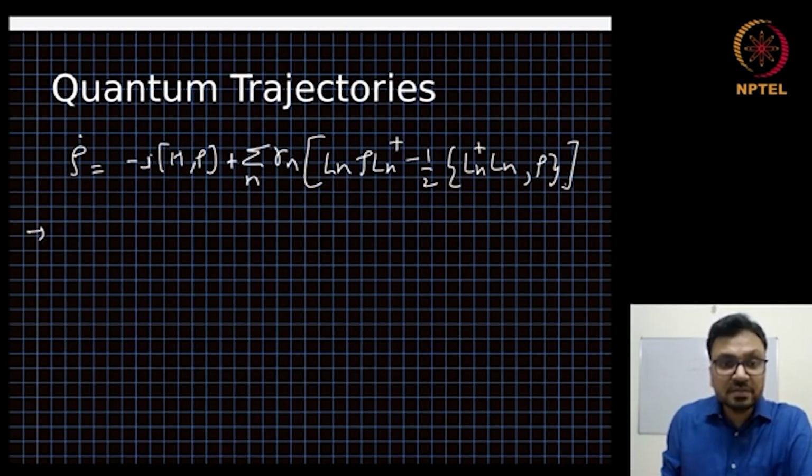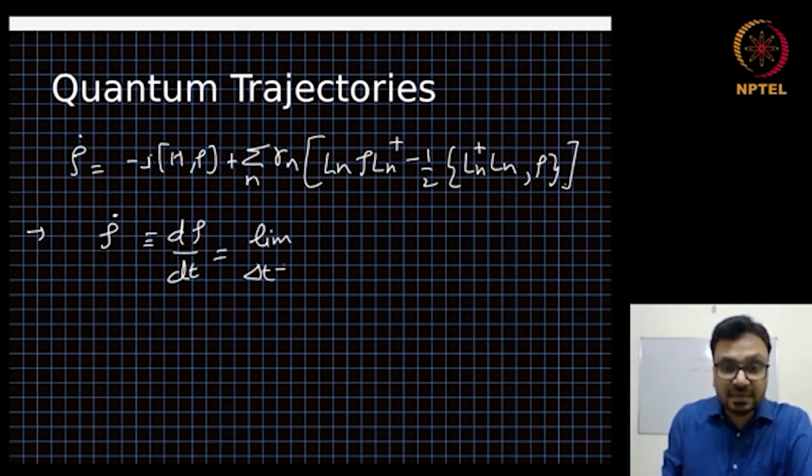So first we notice that rho dot, the time derivative of the density matrix, by definition can be written as the limit delta t tending to 0 of rho of t plus delta t minus rho of t divided by delta t.